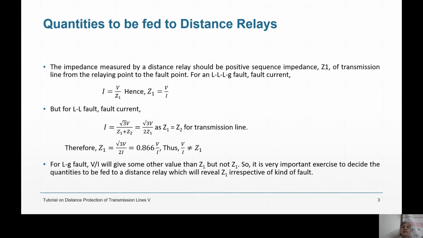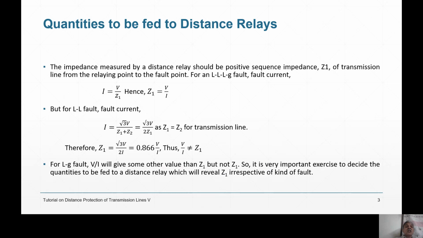Even if you have not connected Zn, that means deliberate impedance in the neutral circuit, you have Z1 plus Z2 plus Z0 plus 3ZF, in which Z1 is equal to Z2, therefore 2Z1. And Z0, the zero sequence impedance, for 220 kV long lines is roughly 4 times Z1.